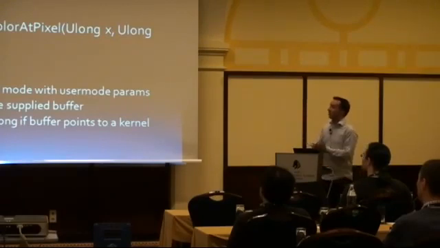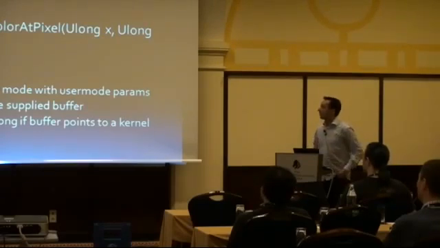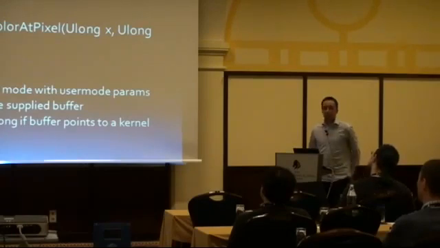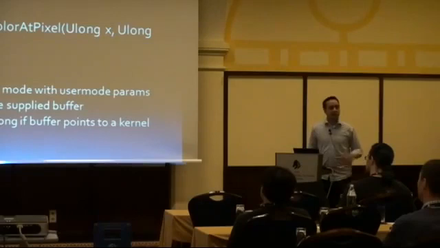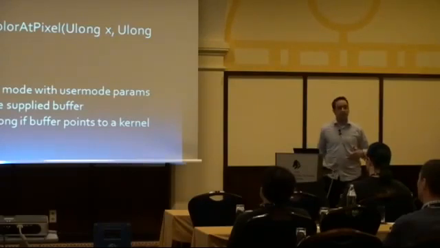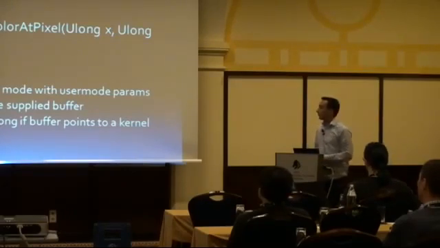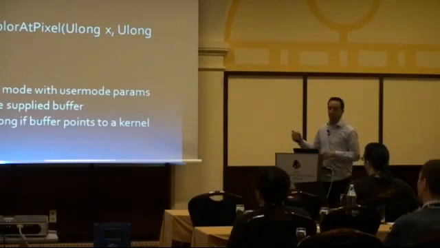So, an entry point example. Let's say a function, fake get me color at pixel, has 3 arguments: ulong x, ulong y, and a pointer to a buffer to get the color, right? This is going to be executed in kernel mode, but the parameters are supplied from user mode.